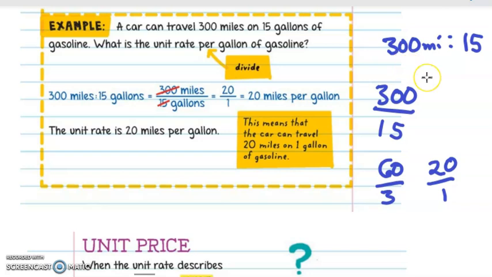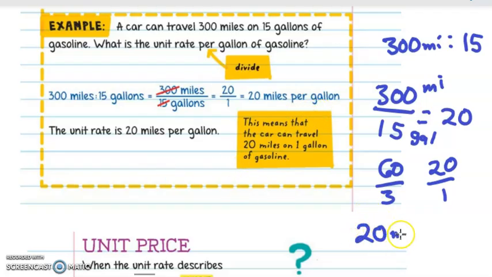Or we can go back to the original ratio and just plug this into the calculator and say 300 divided by 15 is equal to 20. And it's 20 miles per gallon, right? You can spell that out as miles per gallon, or you could do the old 20 mpg if you want.